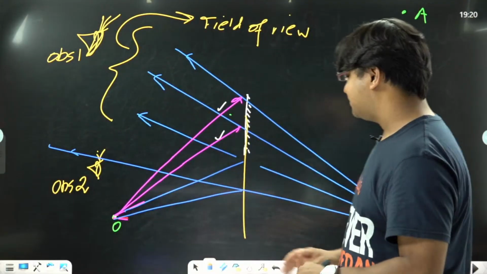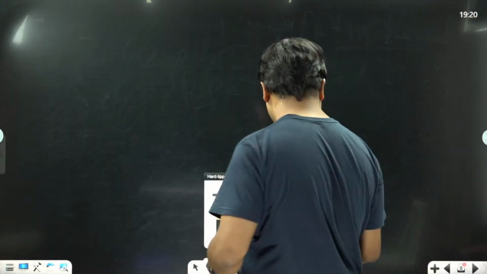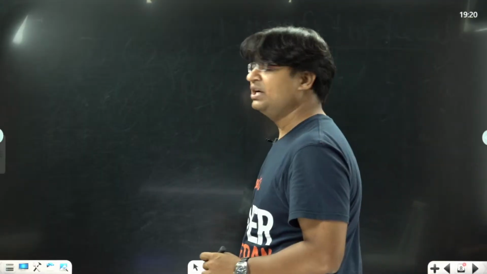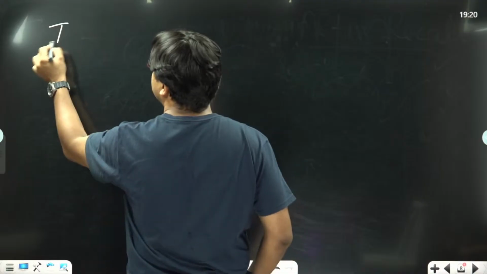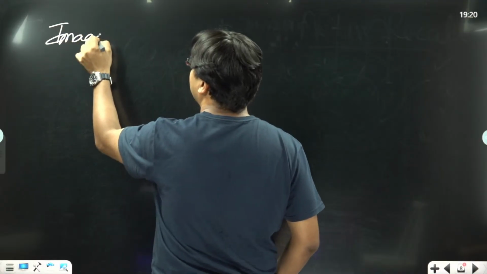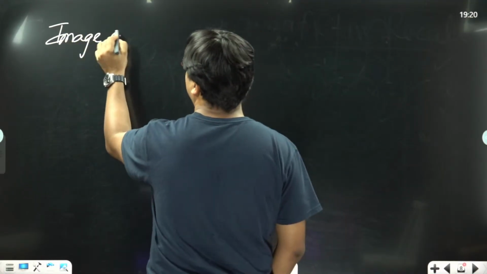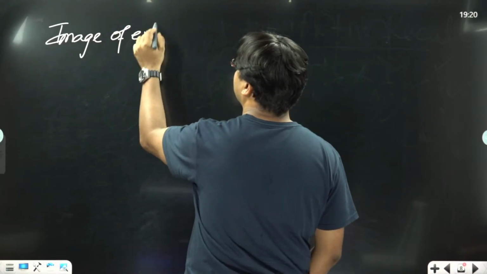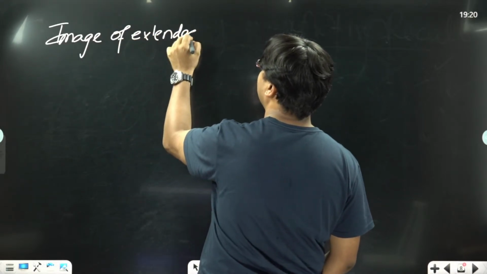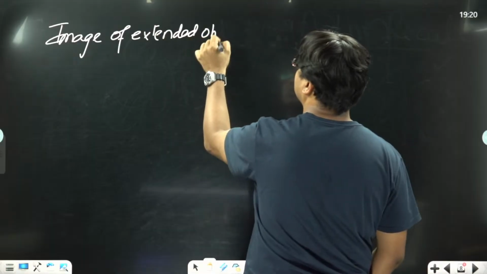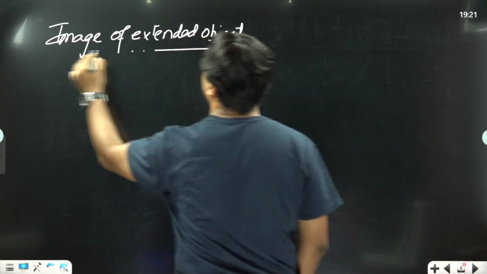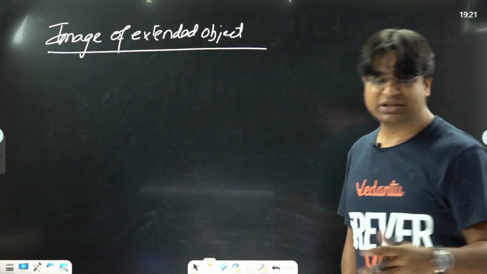Now, if this point is clear, the next point that we have to discuss is the image of an extended object. What we have discussed right now is the image of a point object. So next we are going to talk about the image of an extended object. What is an extended object? Anything other than a point.